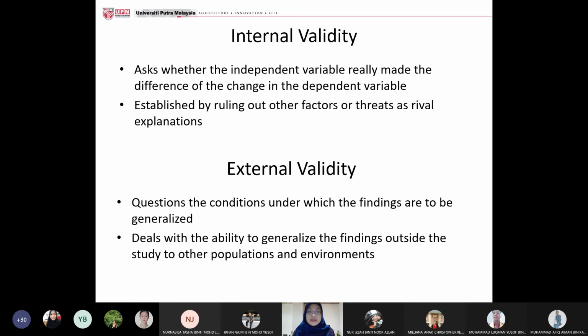Okay, and external validity is when you have your experiments or your study where you have your control. Okay, so control is actually for external validity because you want to generalize your findings. So you can actually compare the two.